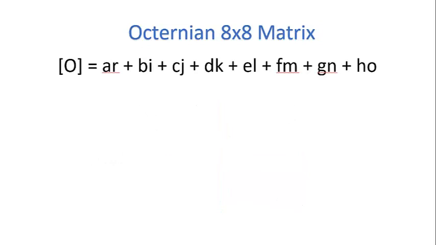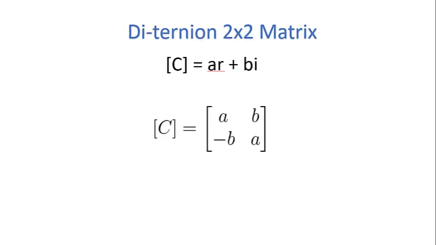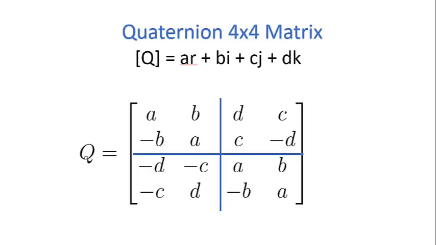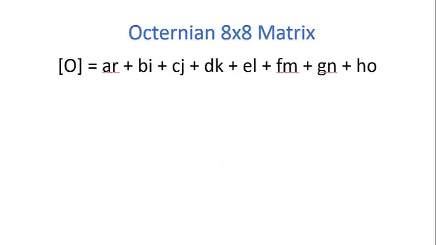And so what if I wanted to do an octonion? And so the octonion would be an 8 by 8 matrix. So what I'm going to do is I'm going to apply the same procedure, the same formula that I applied to get from complex numbers to quaternions, to get from quaternions to octonions.